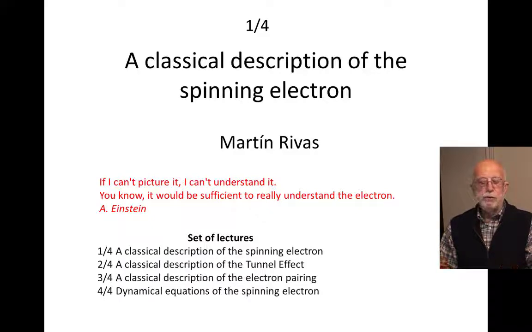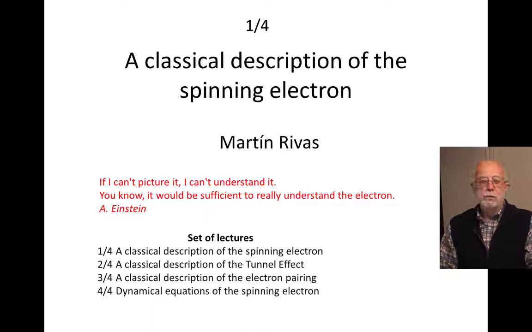Well, this is not completely true, because the usual classical interpretation is performed with the spinless point particle model, and therefore it is a simplified model of a spinning electron. It describes an electron without a spin. What we shall see is that in the tunnel effect, the spin plays a fundamental role, even the spin orientation.